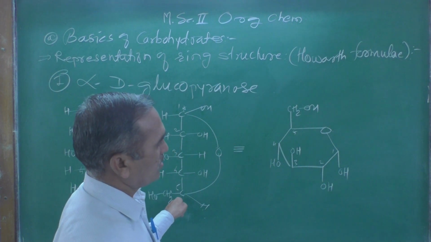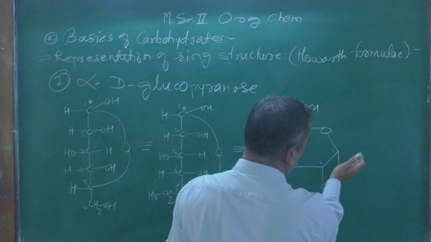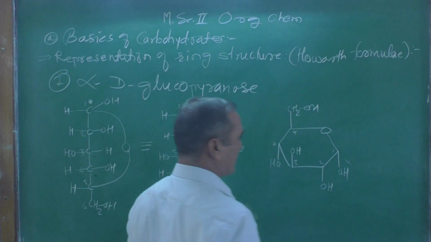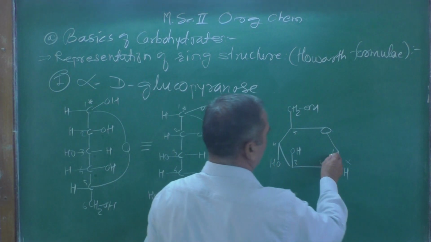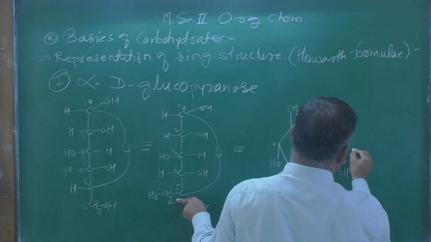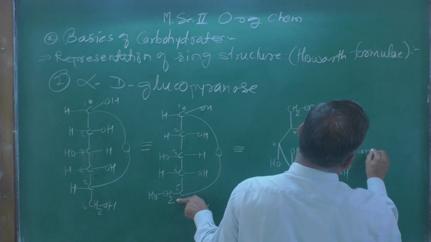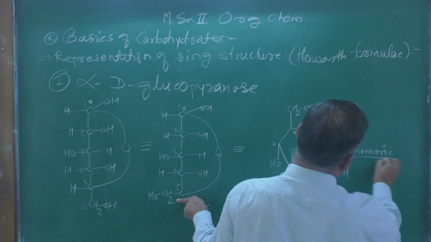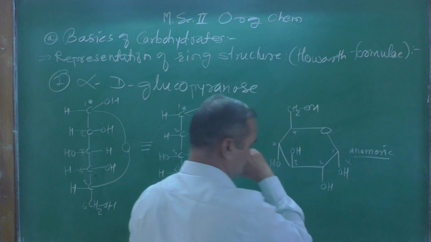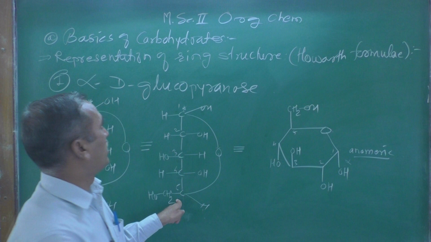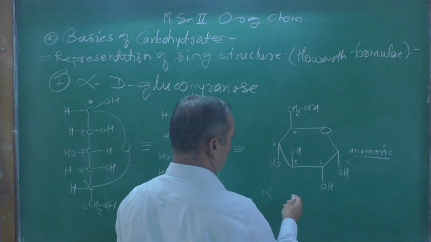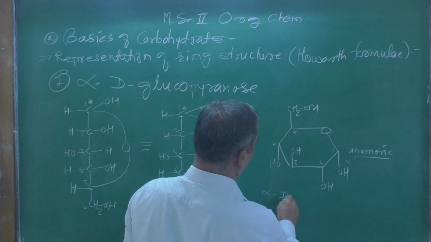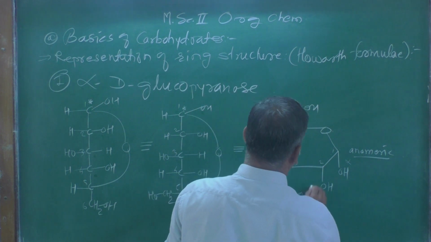So this side below the plane is known as the alpha side, and therefore this carbon number 1 is known as an anomeric carbon atom. This is an anomeric carbon atom or anomers. The name of this compound is alpha because hydroxy group is below the plane, and therefore alpha D glucopyranose.